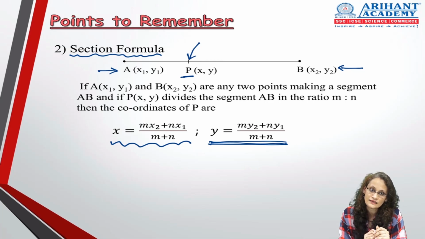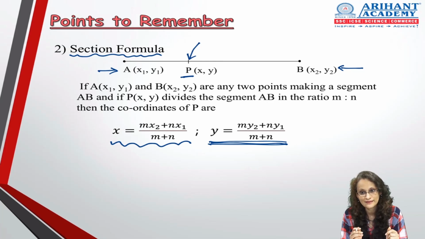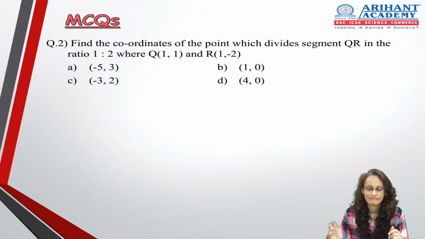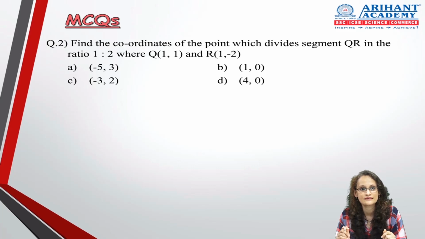Now as I discussed, once the formula is done we go to its MCQ. Alright, great. So on your screen you can see, find the coordinates of the point which divides segment QR in the ratio 1:2.